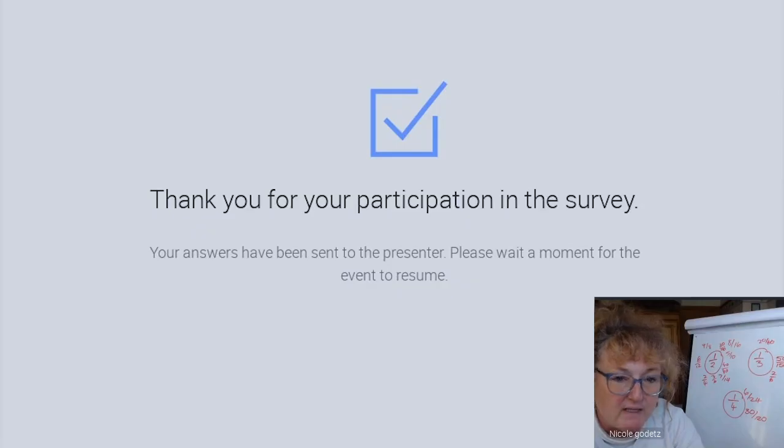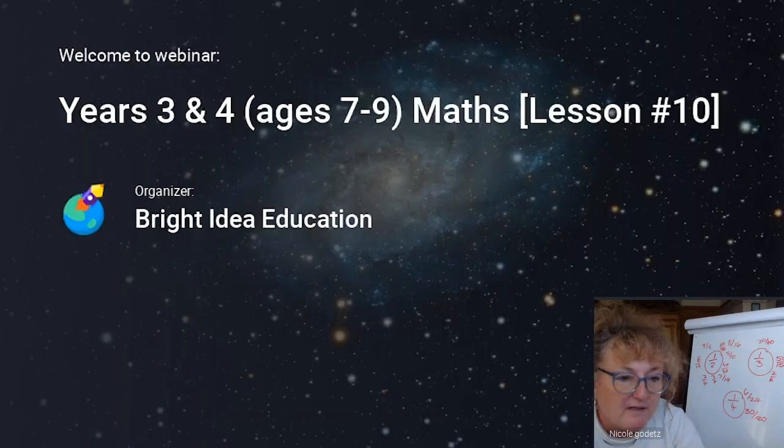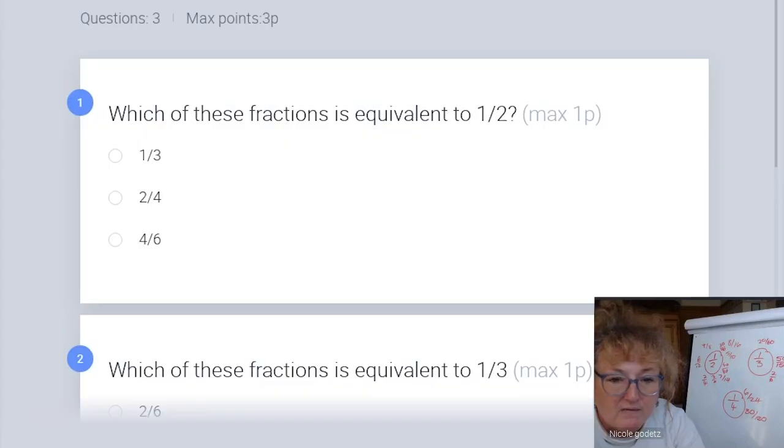Okay, so let's just test your equivalence. We'll close that one down because we've finished with that one, and we will open a new quiz. Let's just have a little look at equivalence. Okay, off you go with the equivalence quiz.